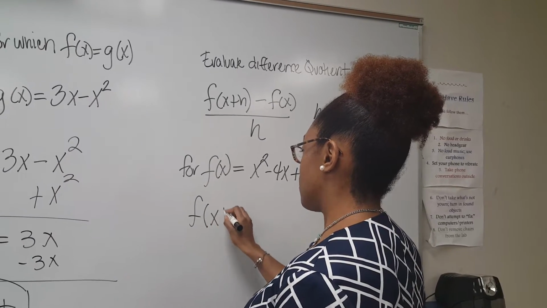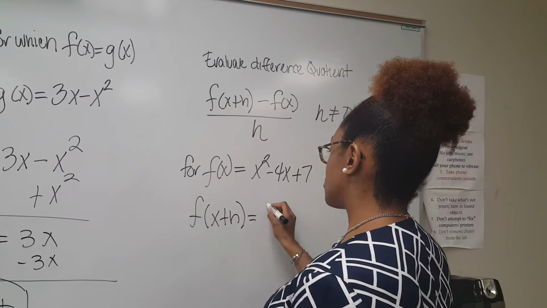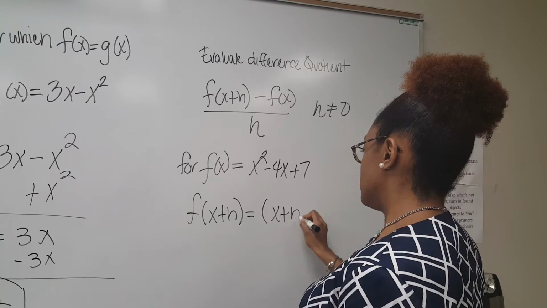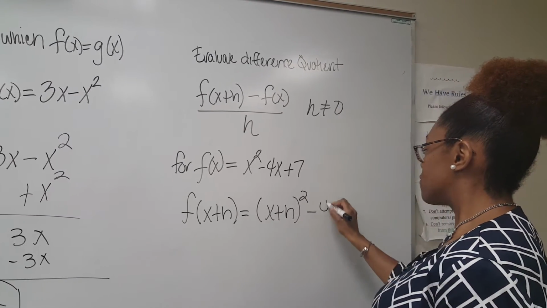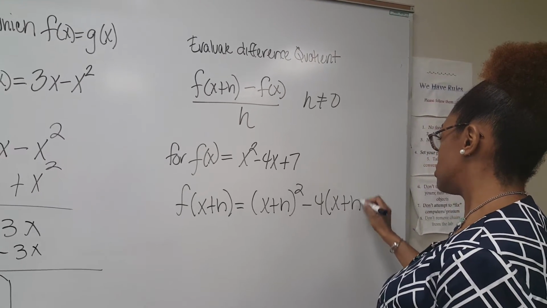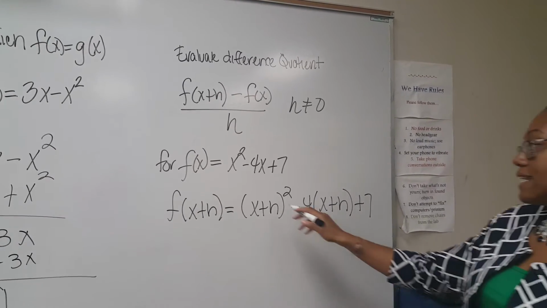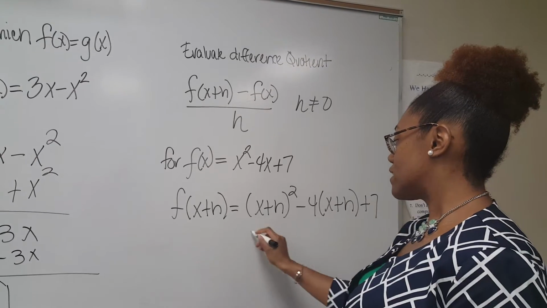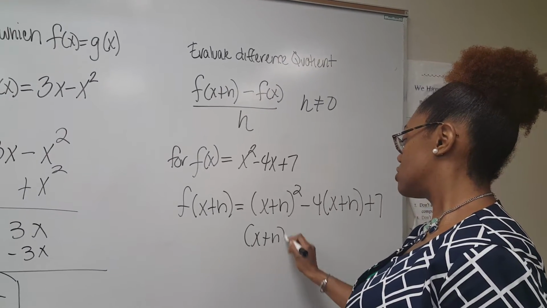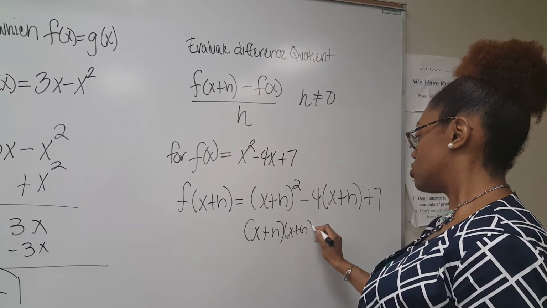So the first thing I do is I'm going to do f of x plus h. So I have f of x plus h equals x plus h squared minus 4 times x plus h plus 7. So I need to FOIL this, and this will give me x plus h times x plus h.